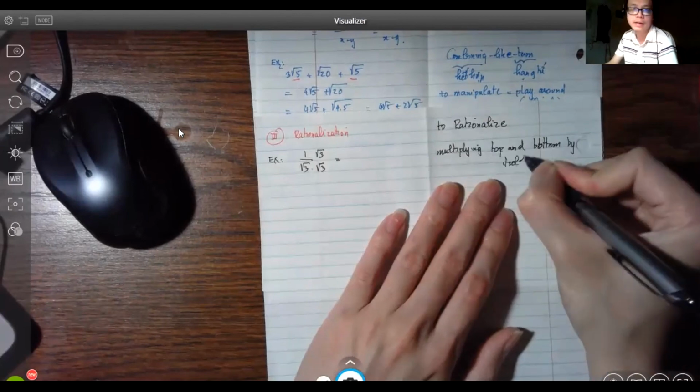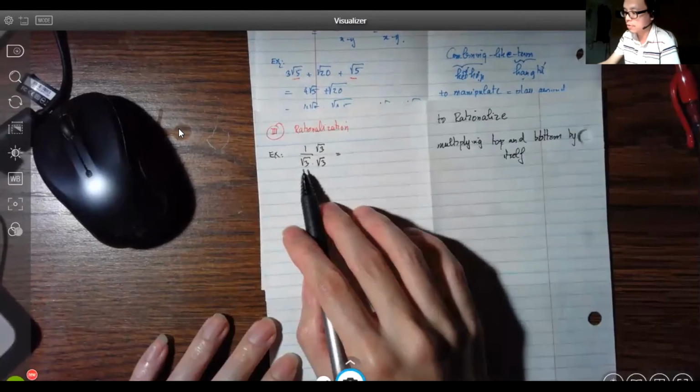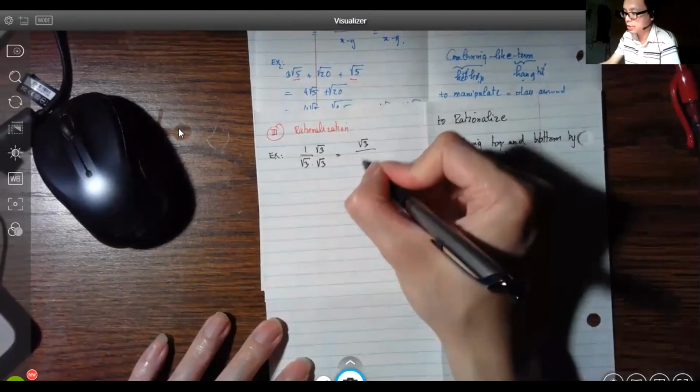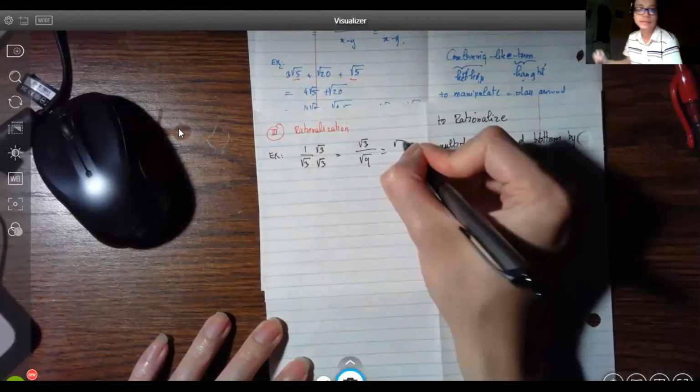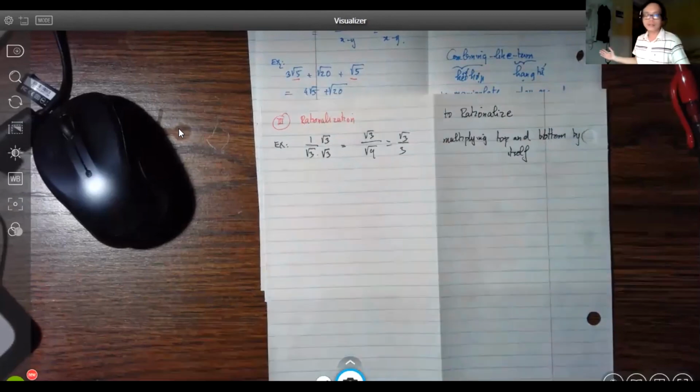So I'm going to start with radical 3. Over here you have radical 9, which is radical 3 over 3. Done. So I successfully converted, successfully rationalized a radical expression.